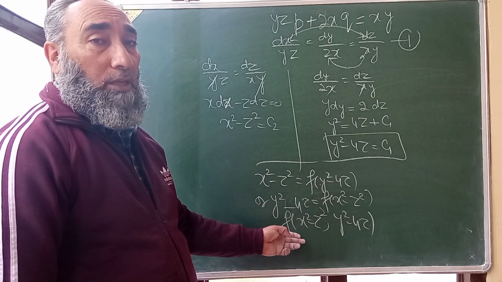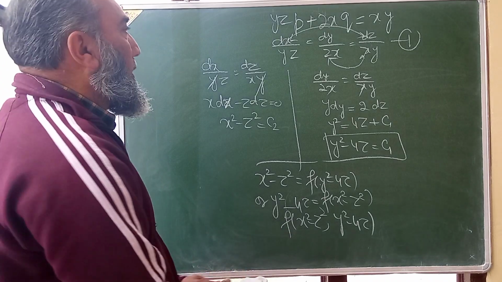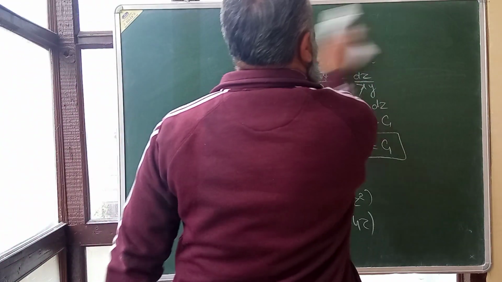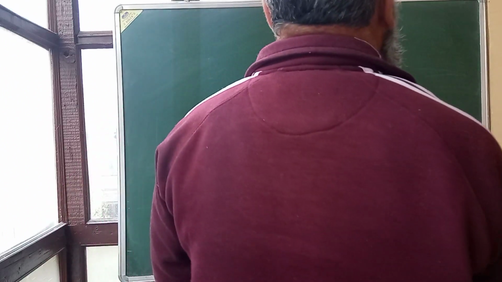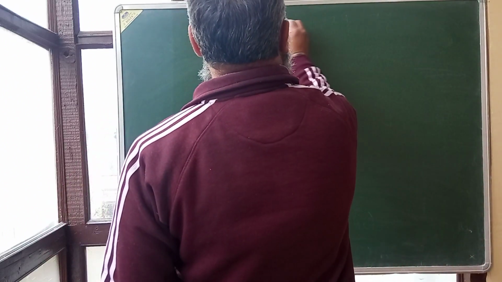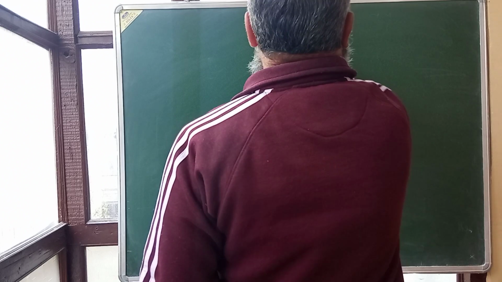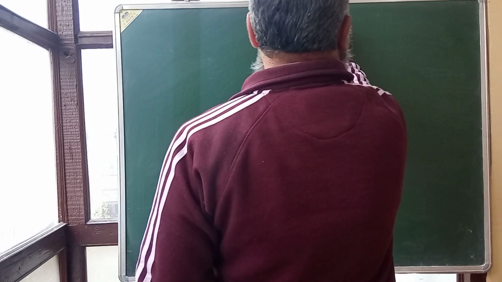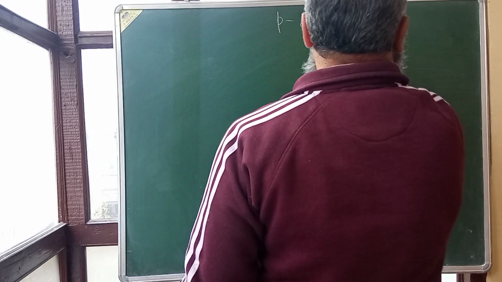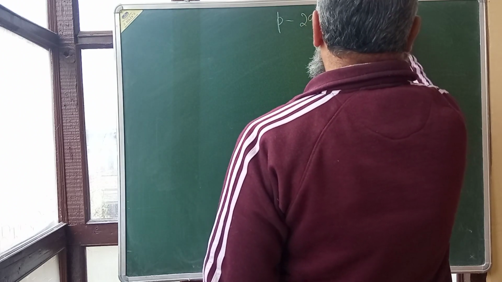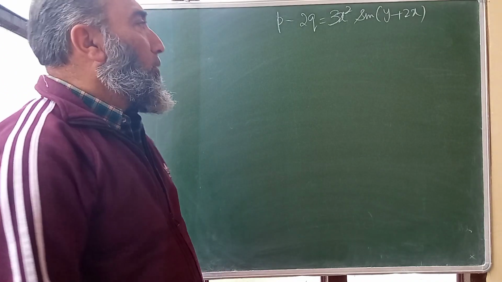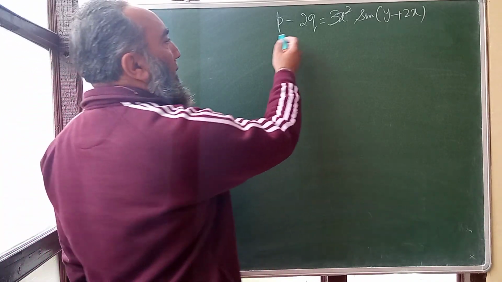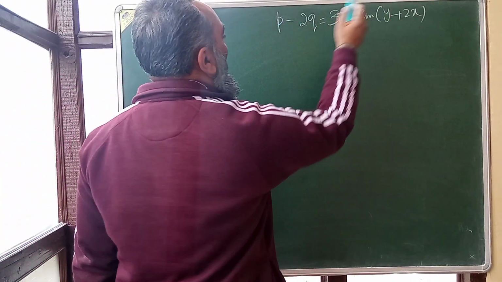This we have seen in our previous lecture. Next question. Say p minus 2q equals 3x square sine of y plus 2x. This you have done in your previous semester also. This is Lagrange, pp plus qq equal to r.